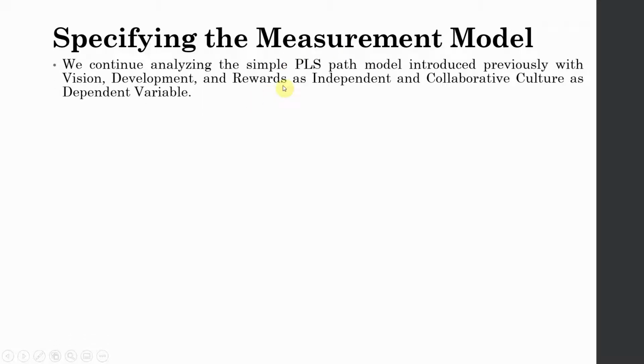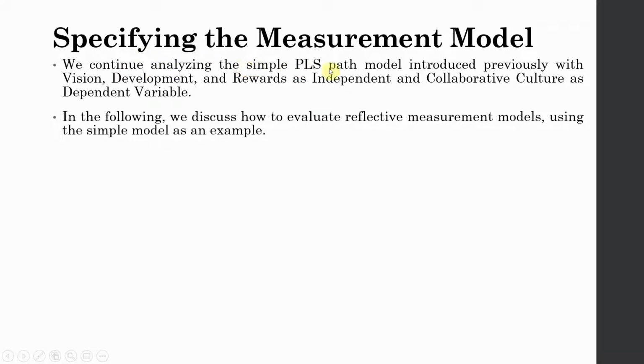Again, the first step that you have to undertake when you are using the SEMinR package, or maybe any software, is to specify your measurement model. In SEMinR, we do it through coding, and what we do is we simply identify our constructs and their items.